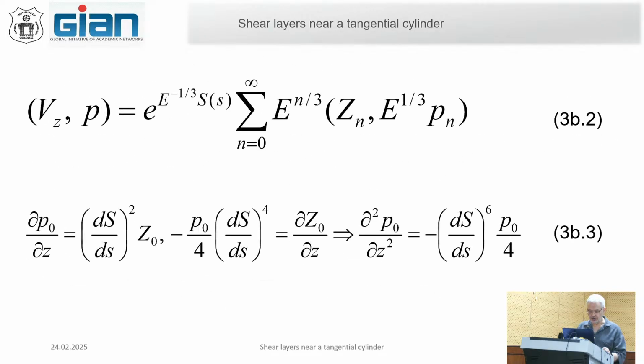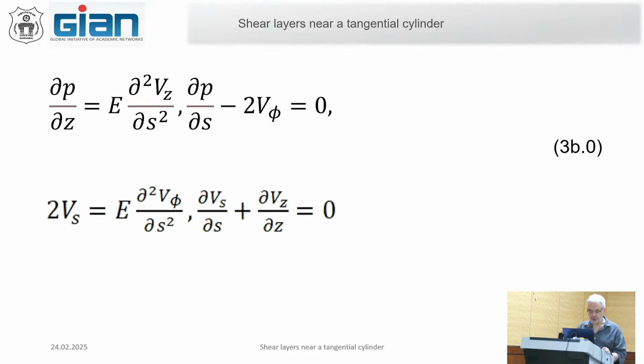And the first thing to do is to write down the system of equations. So for writing down the system of equations, we should have in mind that in the direction perpendicular to the shell layer, it is the most valuable variable.